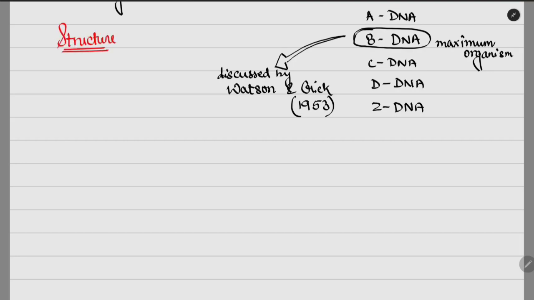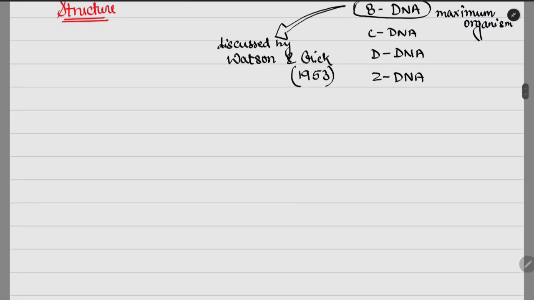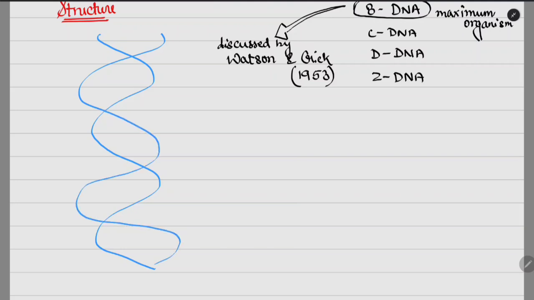So the structure is a right-handed helix and each turn has 10 bases. Okay, there are two grooves present. One is the minor groove and one is the major groove, and the length of each turn is 3.4 nanometer. Okay, so I am drawing the diagram here. This is the DNA.